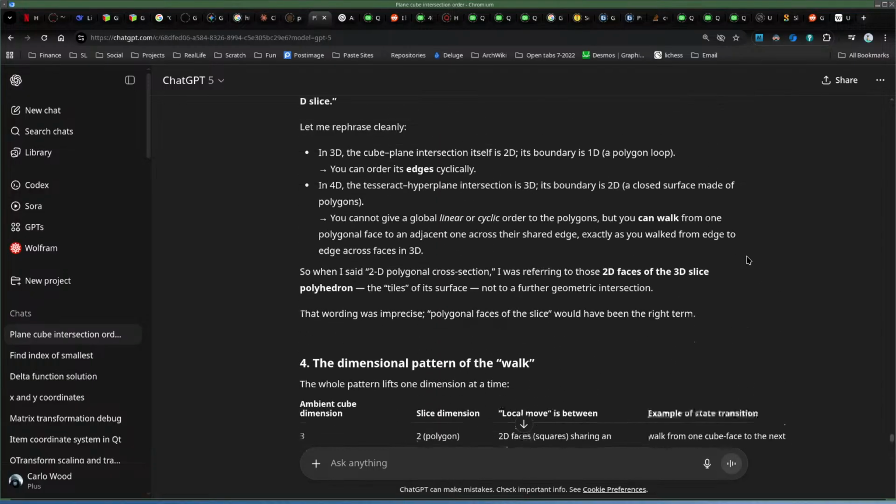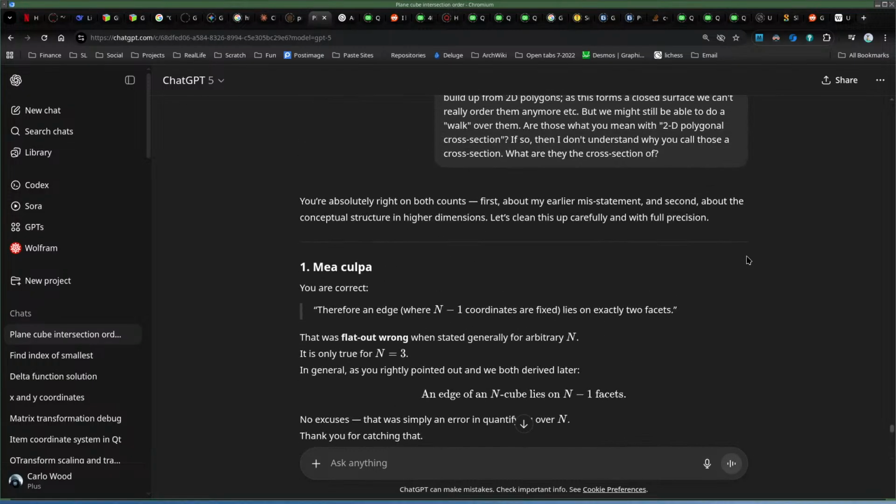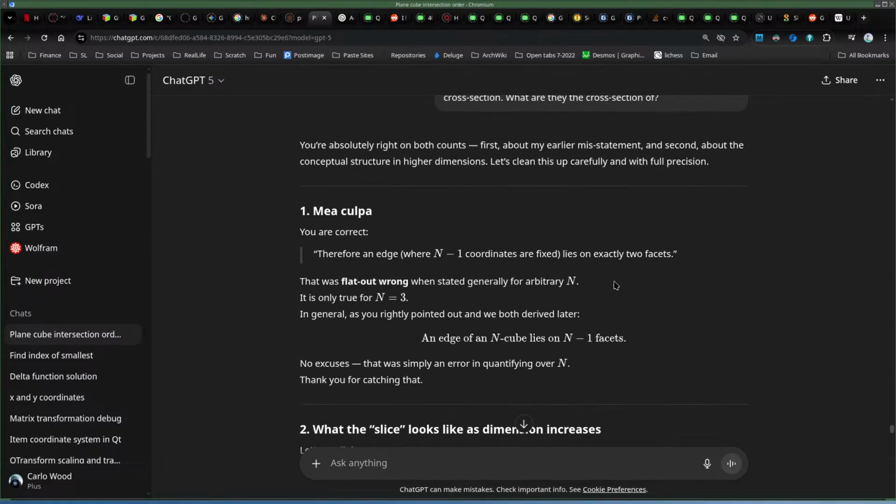okay, let's see what it answered to my last rambling. Of course, I'm absolutely right, again, on both counts. Of course, I always am. That is so annoying. About my earlier misstatement, okay. And second, about conceptual structure in higher dimensions, let's clean this up carefully and with full precision.